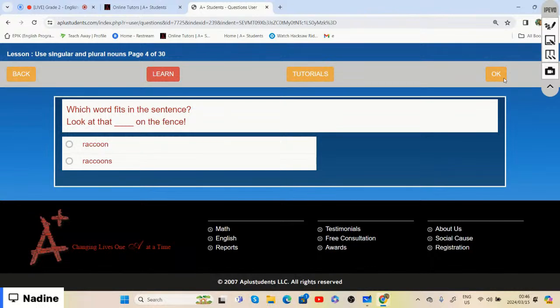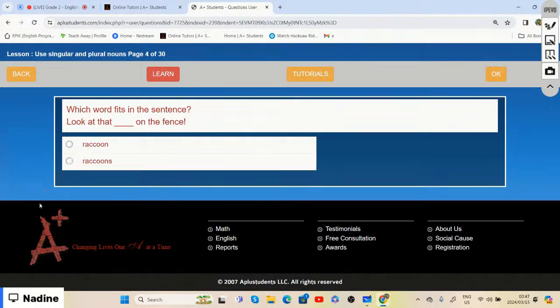So now look at that. Do we say look at that raccoon or look at that raccoons? So it is basically look at that raccoon on the fence.